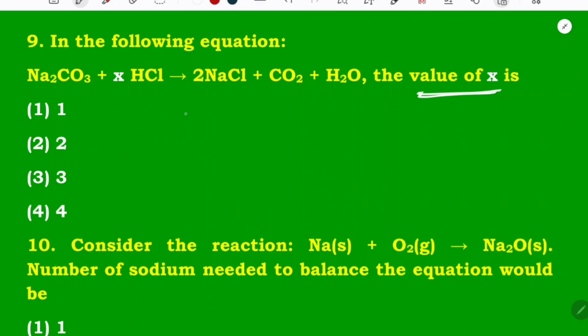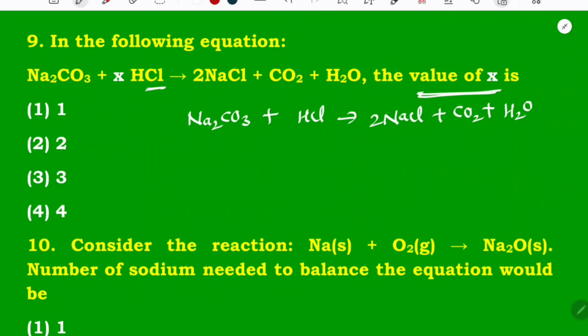First of all, we are writing Na2CO3 plus HCl gives rise to 2NaCl plus CO2 plus H2O. Just observe the chlorines here. How many chlorines on this side? Here 1, and here 2 chlorines are there.